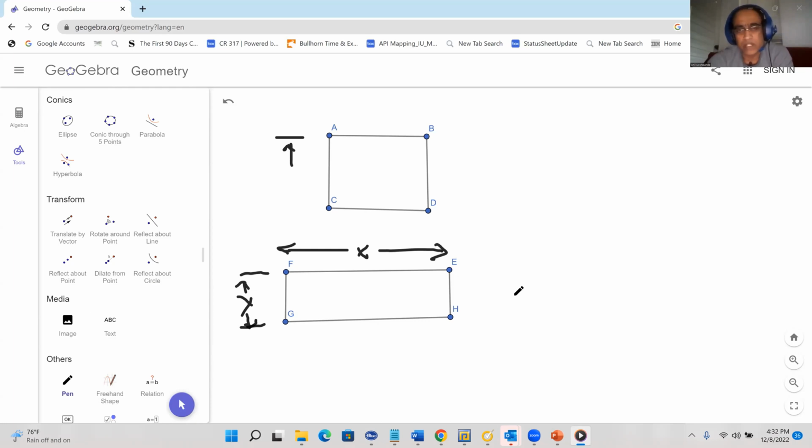The first time the teacher tells, hey, this is the formula for a rectangle, and the area of the rectangle is simply the multiplication of the length of the rectangle, which is x, and the breadth of the rectangle.